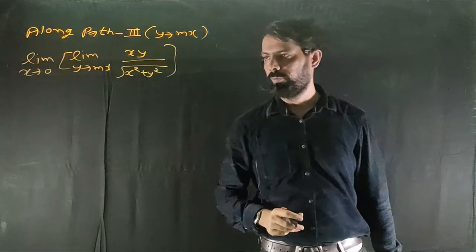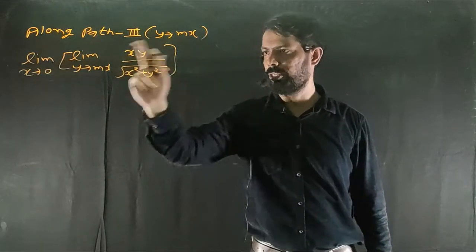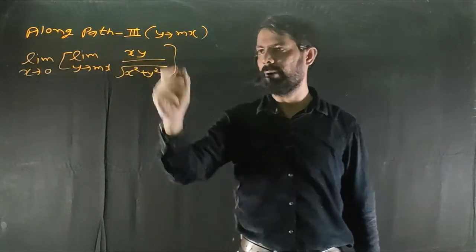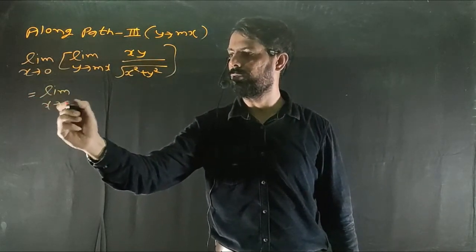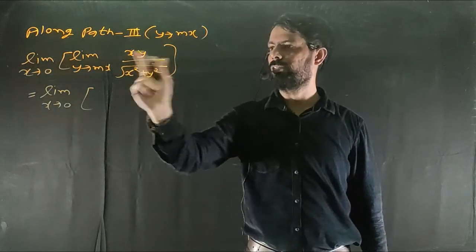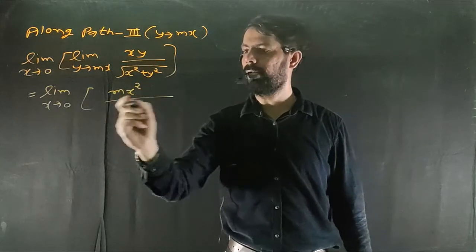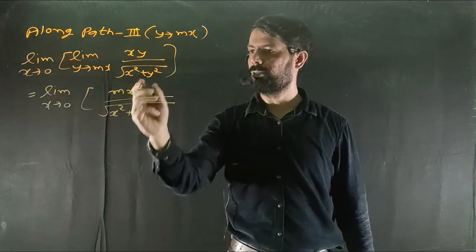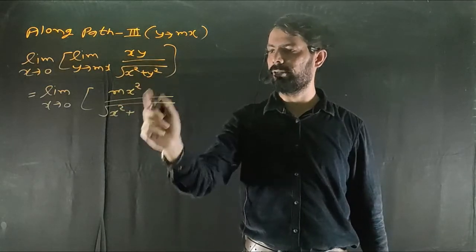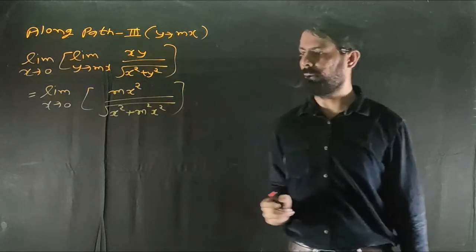So here first of all we will replace y by mx in this function. So if we replace y by mx, then it will be limit x tends to 0, here mx into x, so it will be mx square divided by under root x square plus here we will replace y by mx, so it will be m square x square, bracket complete.